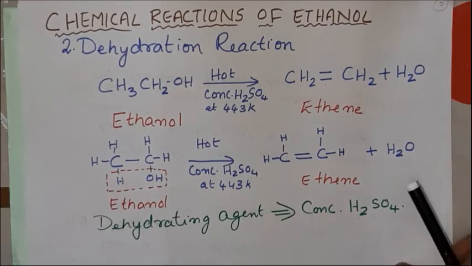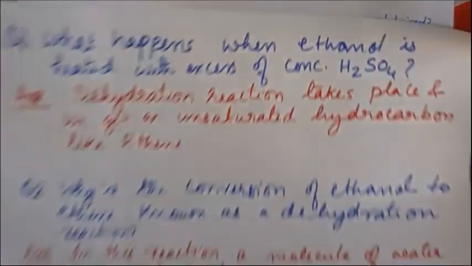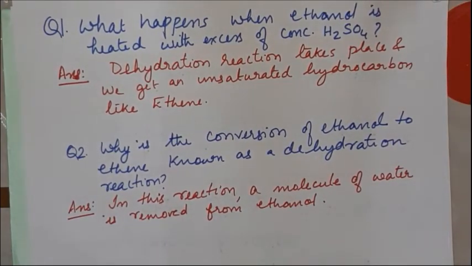Hope that you have understood both the reactions. Let's see what are the possible questions that can come from this part. What happens when ethanol is heated with excess of concentrated sulfuric acid? So you are aware of the type of the reaction. Here dehydration reaction takes place and we get an unsaturated hydrocarbon like ethene.